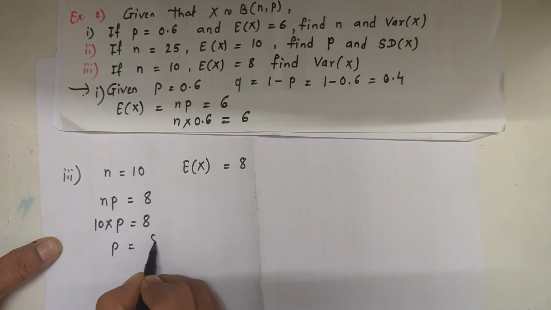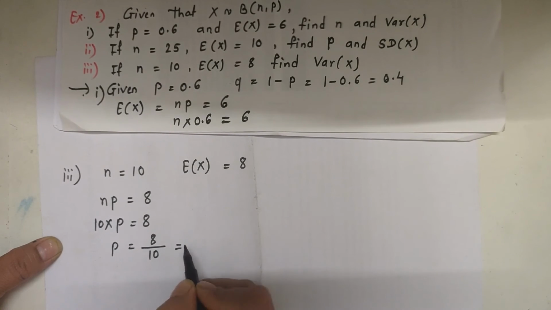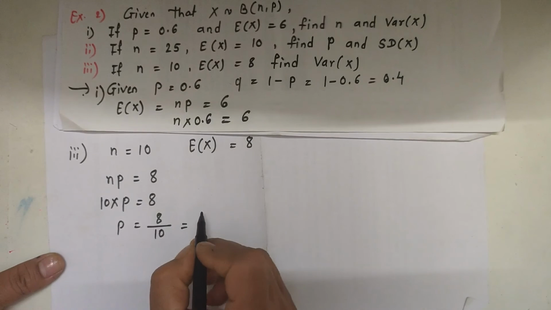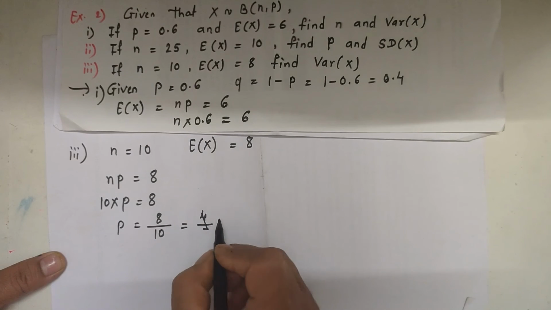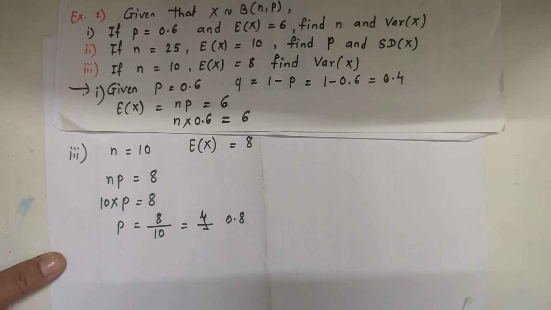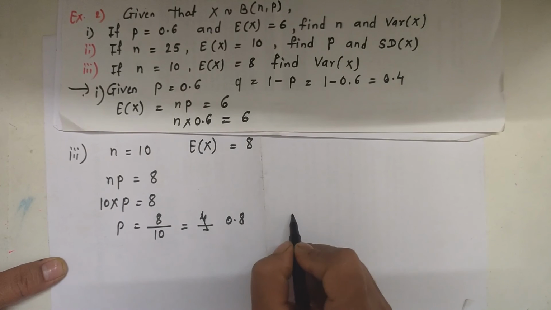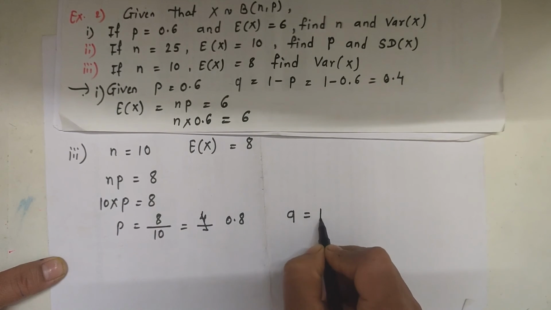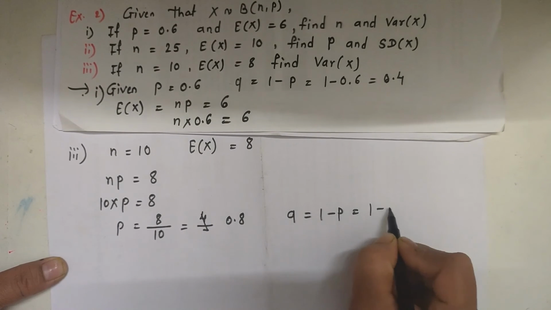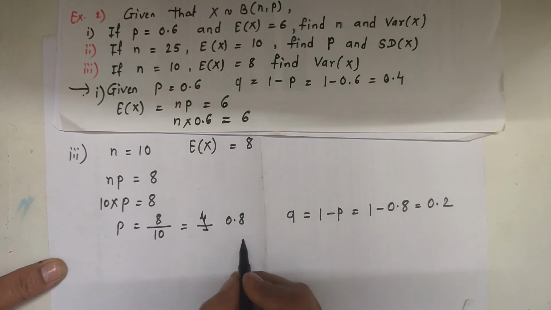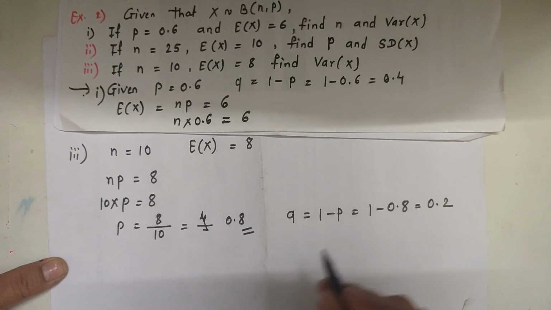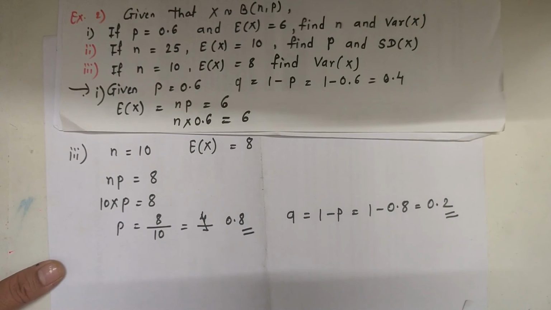That is p is equal to 8 by 10. Shortest form of 8 by 10 is 4 by 5, decimal form is 0.8. Now from this p we get q is equal to 1 minus p, that is 1 minus 0.8 is equal to 0.2. So p is equal to 0.8 and q is equal to 0.2.